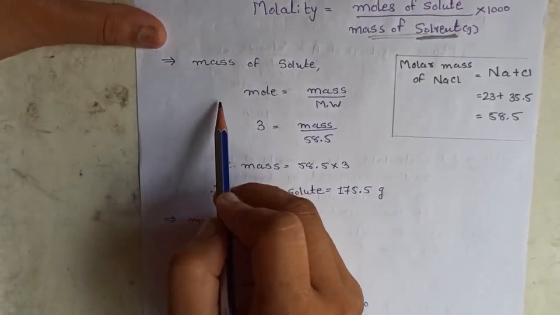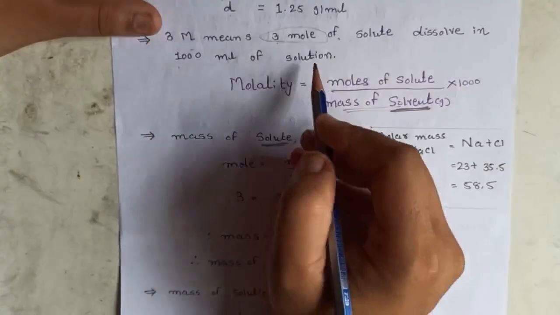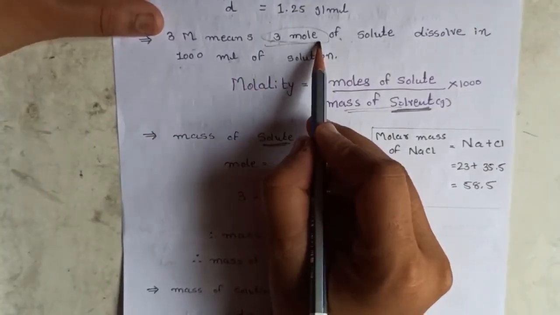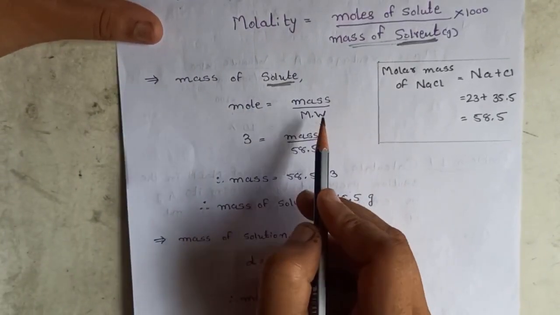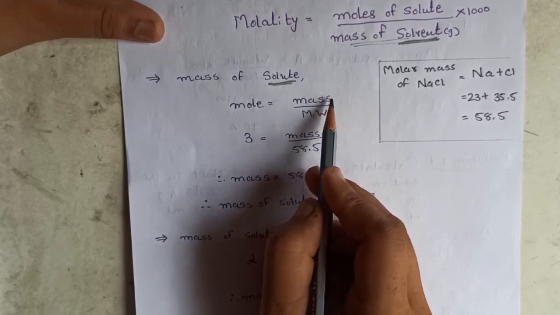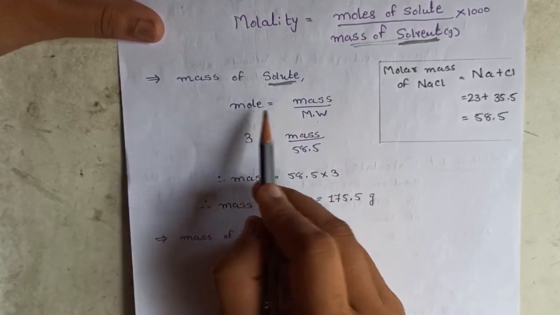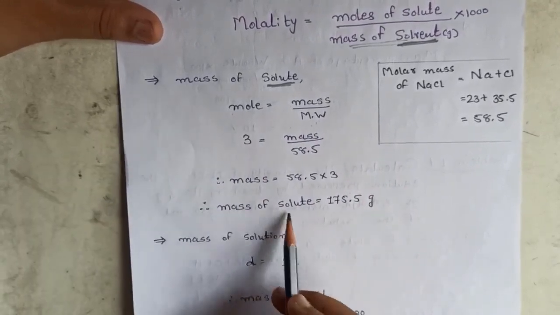Here we can find the mass of solute easily, because mole of solute we have, and mole equals mass by molecular mass. So we can replace the value of mole and molar mass of that solute, so we will get the mass of solute.